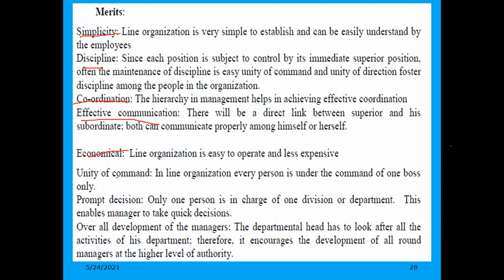Next one, unity of command. So in the line organization, every person is under the command of one boss only. So unity of command ఎలా ఉంటుంది ఒకదాని కింద ఒకటి.